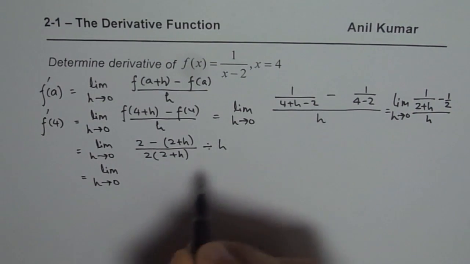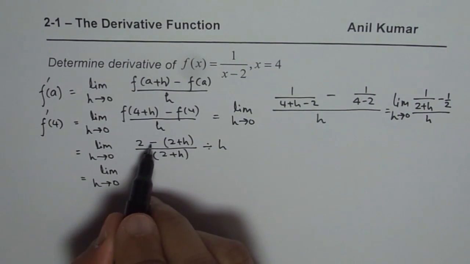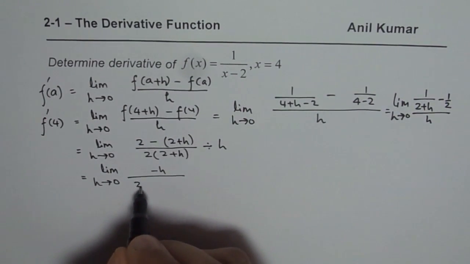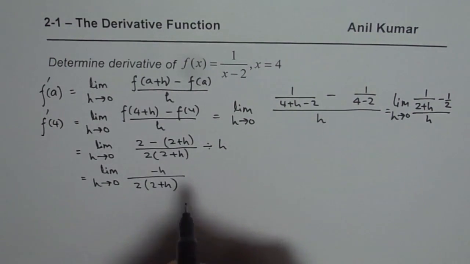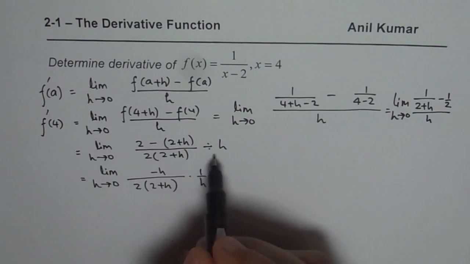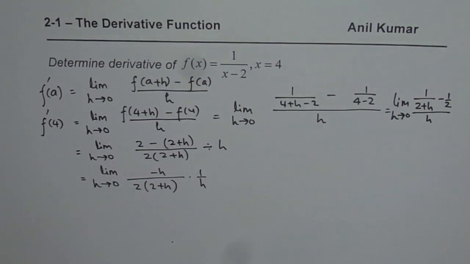Divide by h means multiply by 1 over h, right? So 2 minus 2 is 0, and minus h is what we get here, divided by 2 times 2 plus h. I could have written it directly, but I thought that is helpful for some.